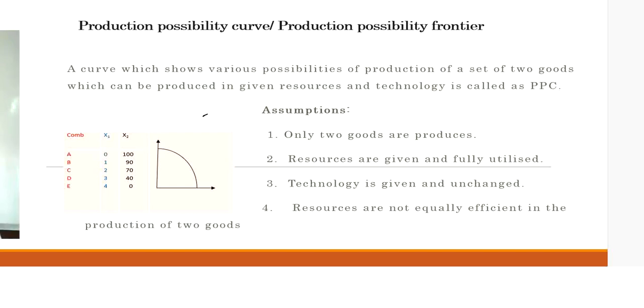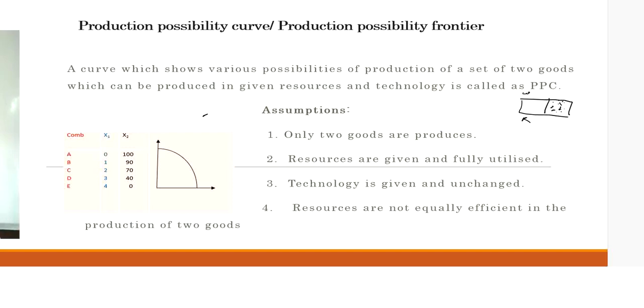For example, you have a piece of land, and you are producing two goods, wheat and rice. And this part is not under utilization. You are producing wheat and rice both in this section. Try to understand: if you want to increase wheat, you can increase wheat without reducing rice because resources remain unutilized.